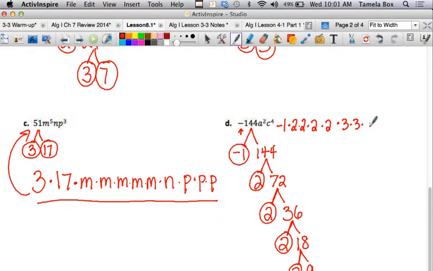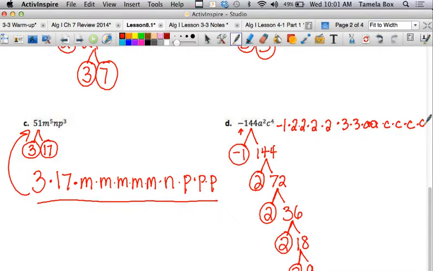So times a, times c to the 4th, times c, and then that is your prime factorization of that number. And that's it. That's all we're doing in this first part, because we have to be able to do this to get to our next part.